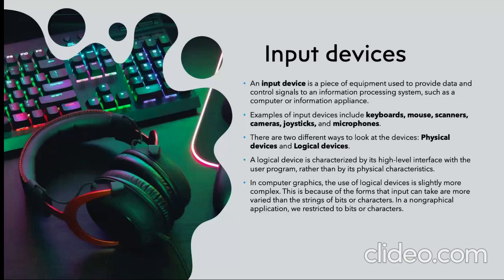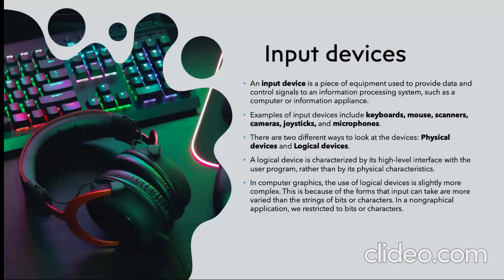And the logical devices refer to the software abstractions or any virtual entities that interact with all these physical devices to create and manage the graphical content. Understanding the basic distinction between physical and logical devices is very essential for developing and managing computer graphics applications.